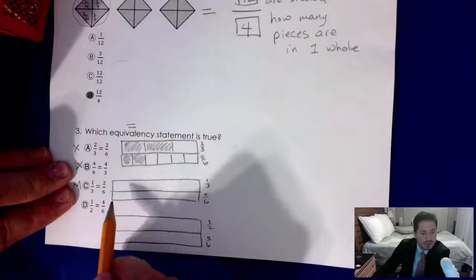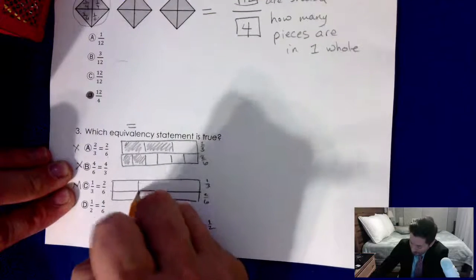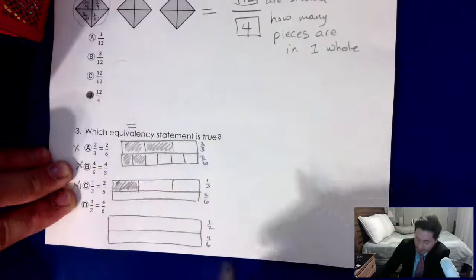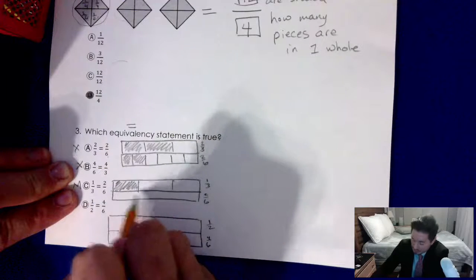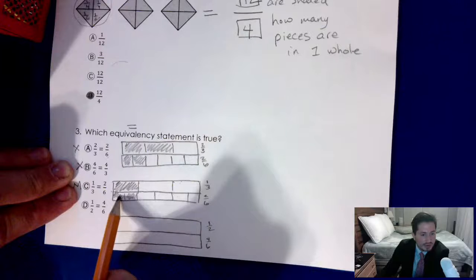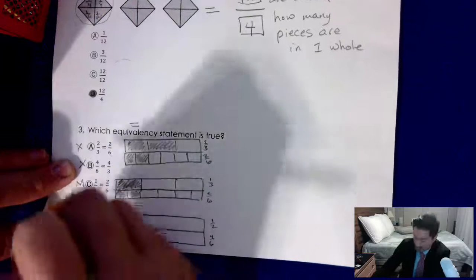Okay, 1/3. Do that first. Here's 1/3, 2/6. And make the same lines and then split those. 1/6, 2/6. You can see that those are the same. 1/3 is equivalent to 2/6.